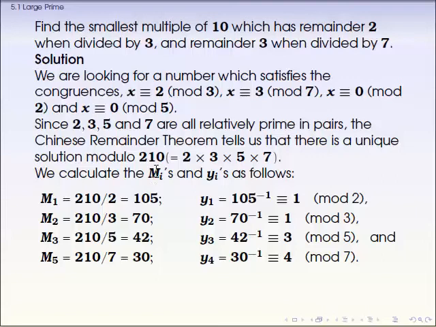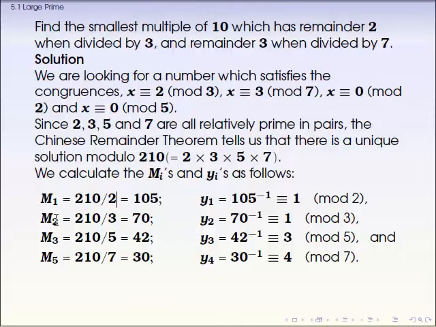Okay, then we need to find the capital Mi and yi. Once again, this 210 is our capital M, right? So capital M1 is the number from dividing capital M by 2, the first modulus, so it's 105.